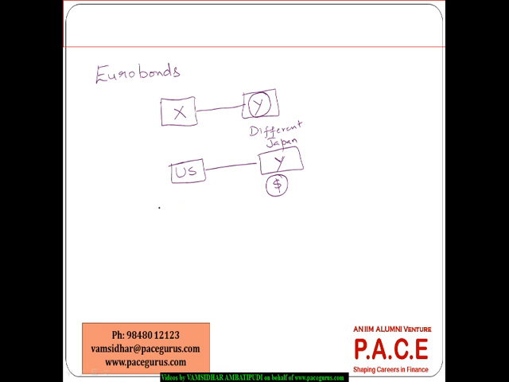The major intention is that they are less regulated. The regulatory restrictions are much lesser. So just to take advantage of this and bypass the regulations, these instruments are primarily created.